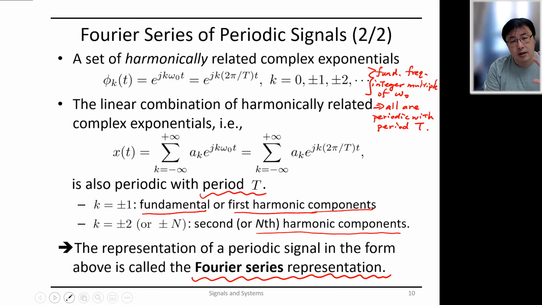Now, from the other direction, suppose that you are given a signal x of t, knowing that it has a Fourier series representation. Then it would be necessary to know how to determine the coefficients for this linear combination.